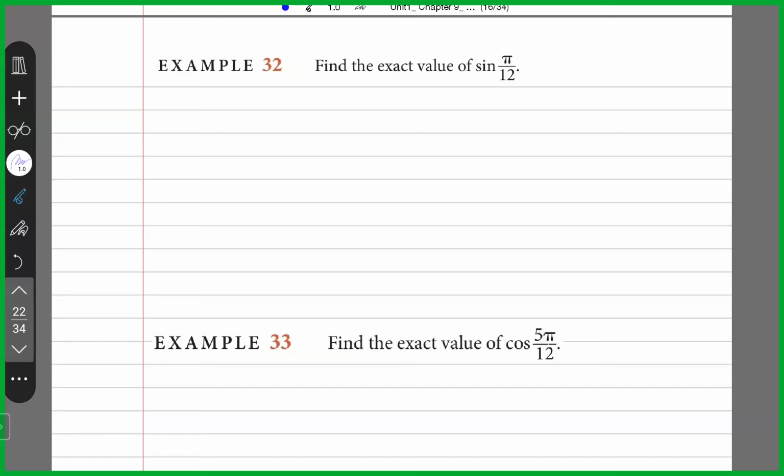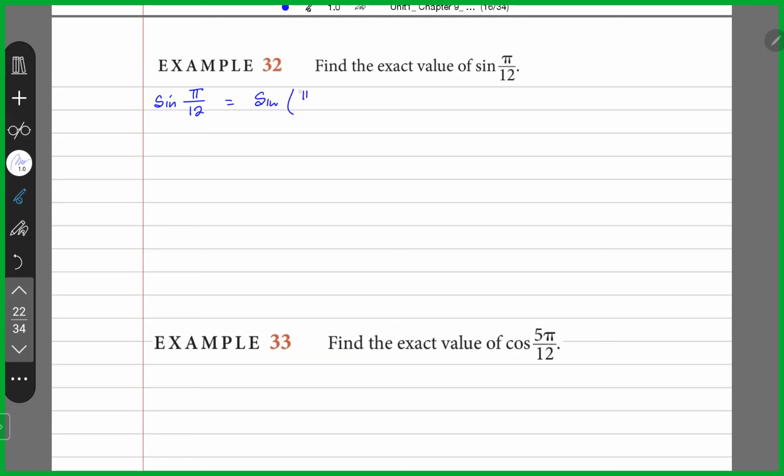Now, there is more than one way to do this, because we could say that the sine of pi by 12, which is 15 degrees, is equal to the sine of, let us say, 60 degrees minus 45 degrees. So 60 is what?